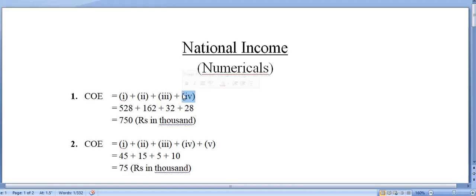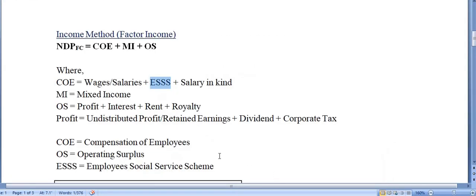Now, number five, compensation received by an injured worker from the insurance company. Now, insurance should also be there according to the ESI. No, this will not be included. Why? Because in number four, employer's contribution to social security, insurance is already included.